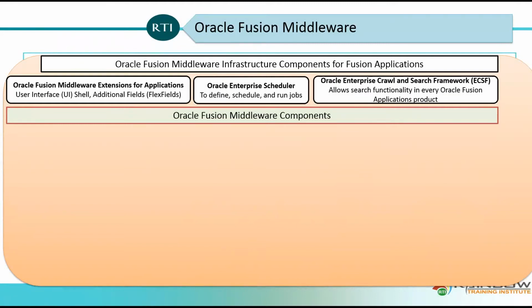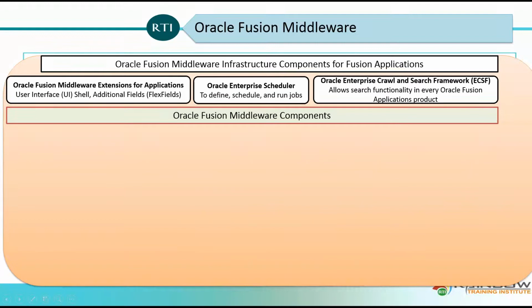Along with the standard fields Oracle gives, maybe that company is storing some additional data, and to store the additional data, we need additional fields. Those additional fields are called flex fields. That flex field information also comes under middleware extensions. That is the reason all these extensions come under the Fusion middleware components for Fusion applications alone. Okay, that is number one.